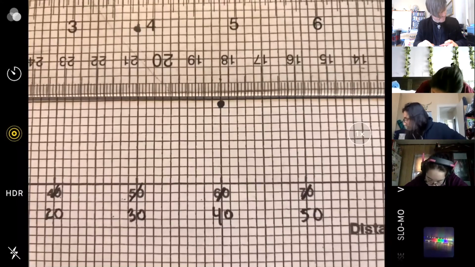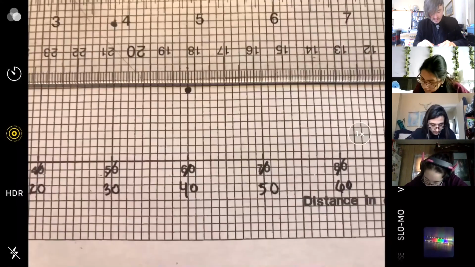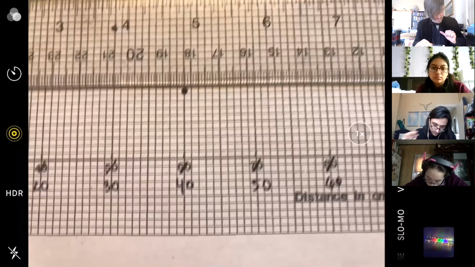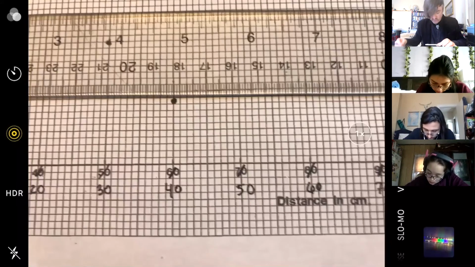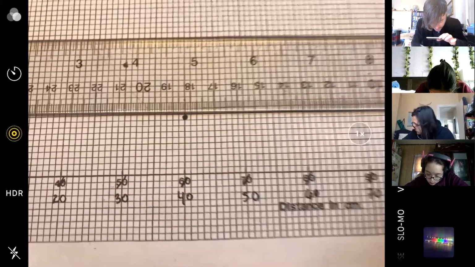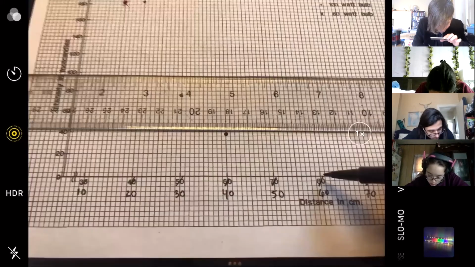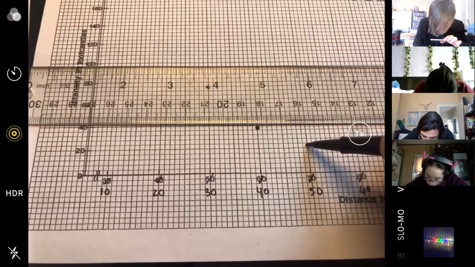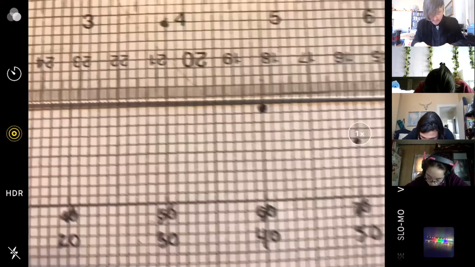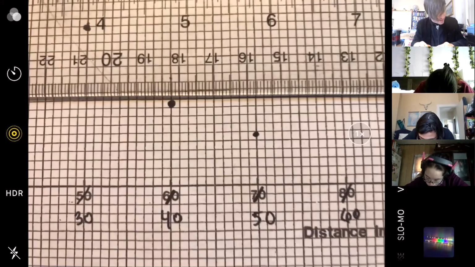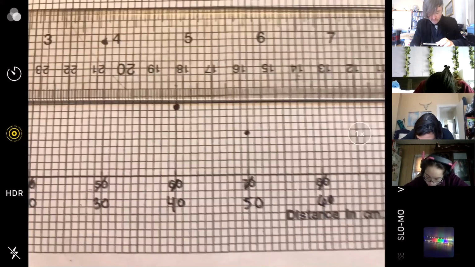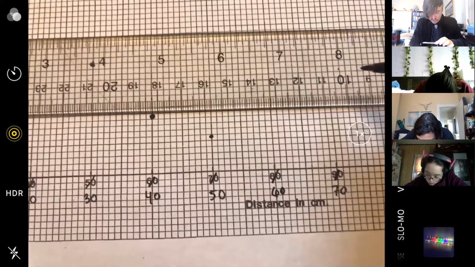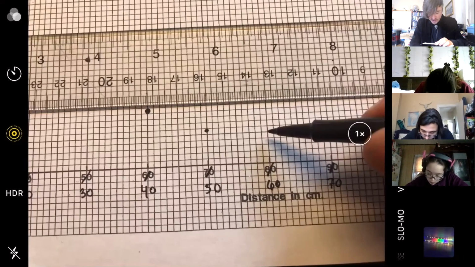How about at 50? At 50, we have 23, right? So this line is 20. That's 24. Yeah, almost. So a little bit in between. Okay, the next one is 12. Here we go. So this is 20.